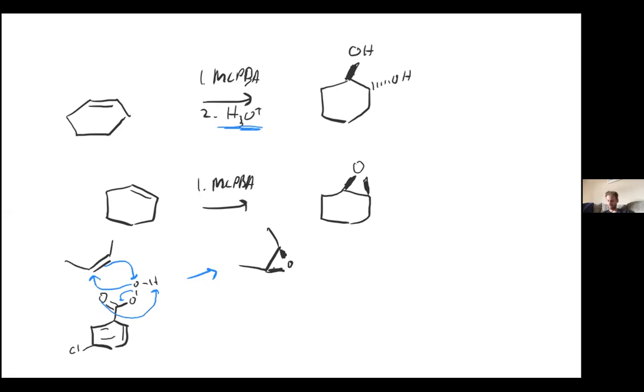Okay, another way to make epoxides is going to be through basically that Williamson ether synthesis we talked about earlier. If you remember, we took an alcohol, added in NaH and some sort of alkyl halide.